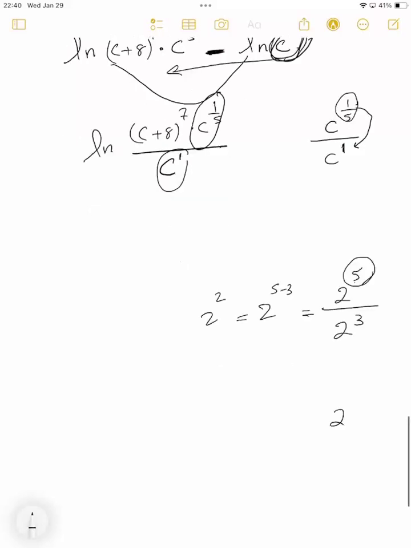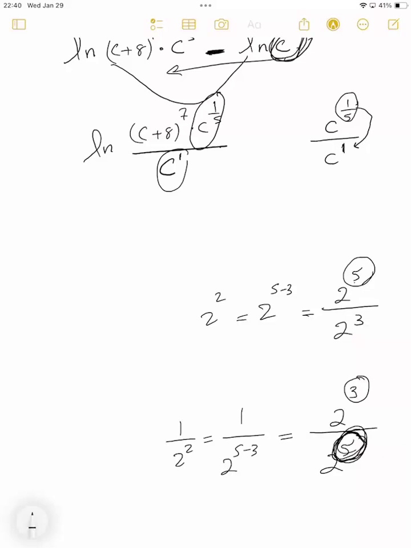On the contrary, if you have 2 to the power 3 over 2 to the power 5, then go 5 minus 3, do the subtraction on the bottom, and you get 1 over 2 squared on the bottom. So whatever exponent is bigger, just do the subtraction where the exponent is bigger. If the exponent is bigger on the bottom, then do the subtraction at the bottom. If the exponent is bigger on the top, then do the subtraction on the top.